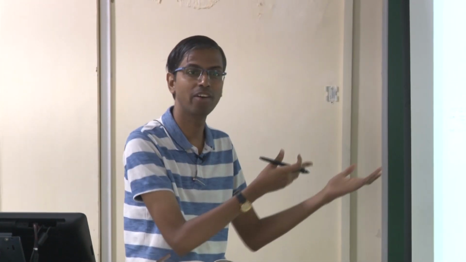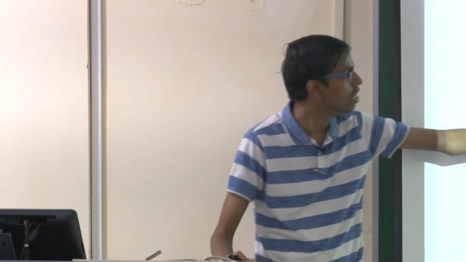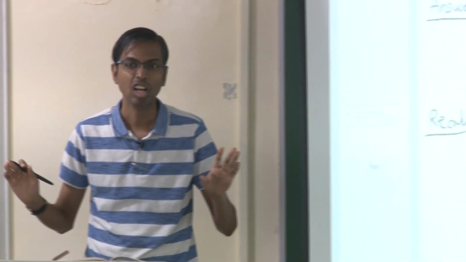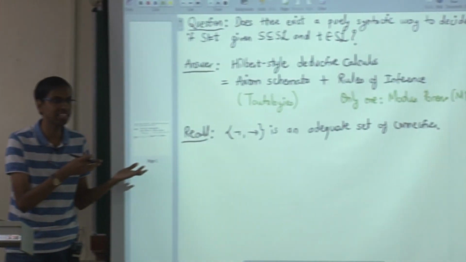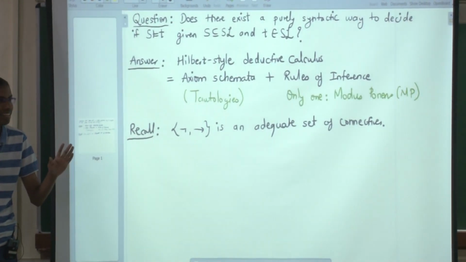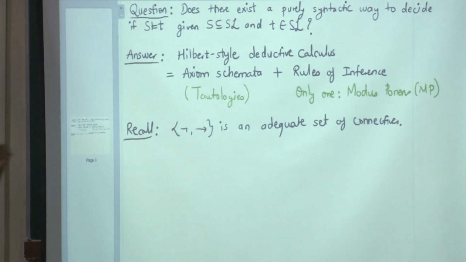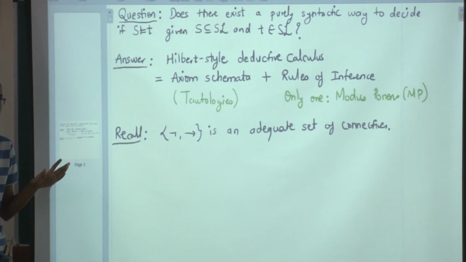Okay, so now today onwards we are going to use a slightly modified adequate set of connectives which uses negation and implication. Obviously there is no difference, implication and negation are adequate, you can check that. What do you need to do? As soon as you can express conjunction using implication and negation, you are done.